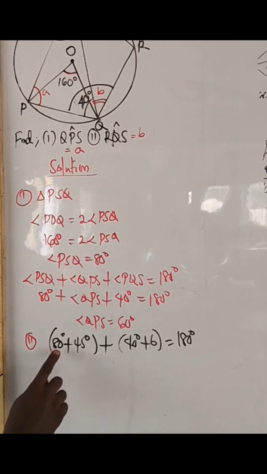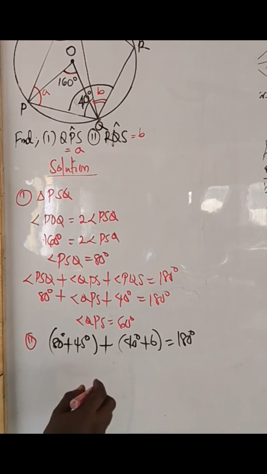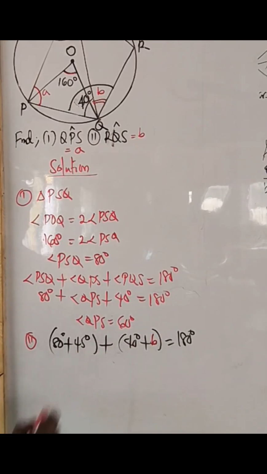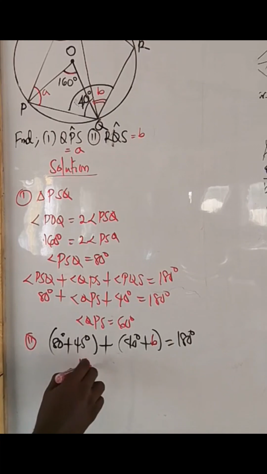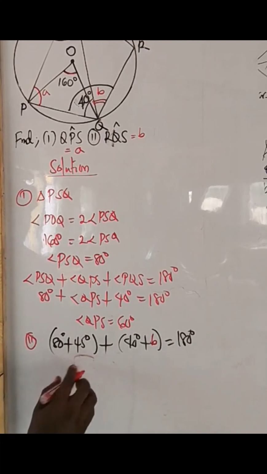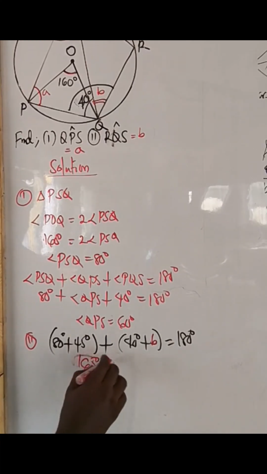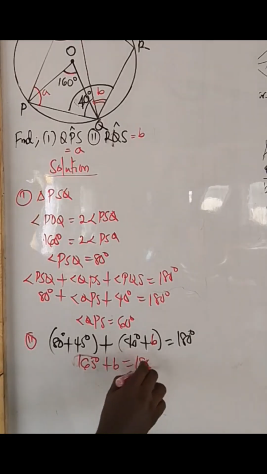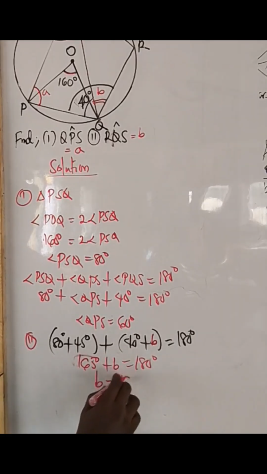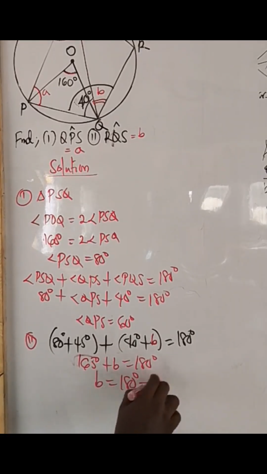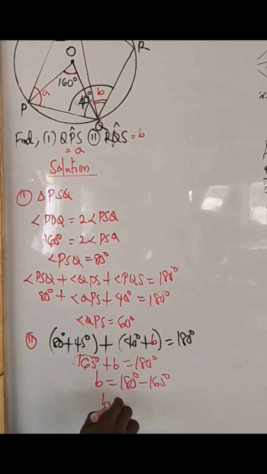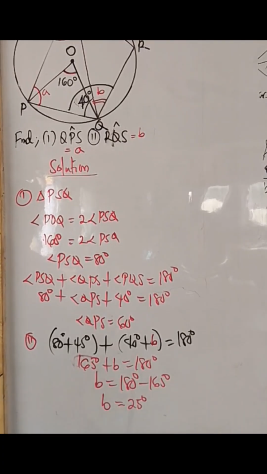So from here, 80 plus 40 is 120. This is B. So 120 plus 45 is 165. So B equals 180 minus 165. B equals 15.